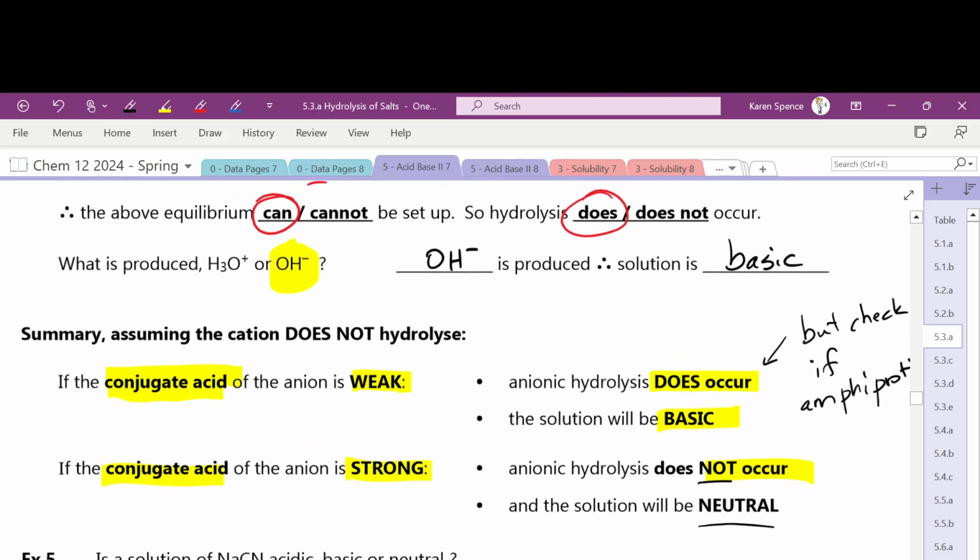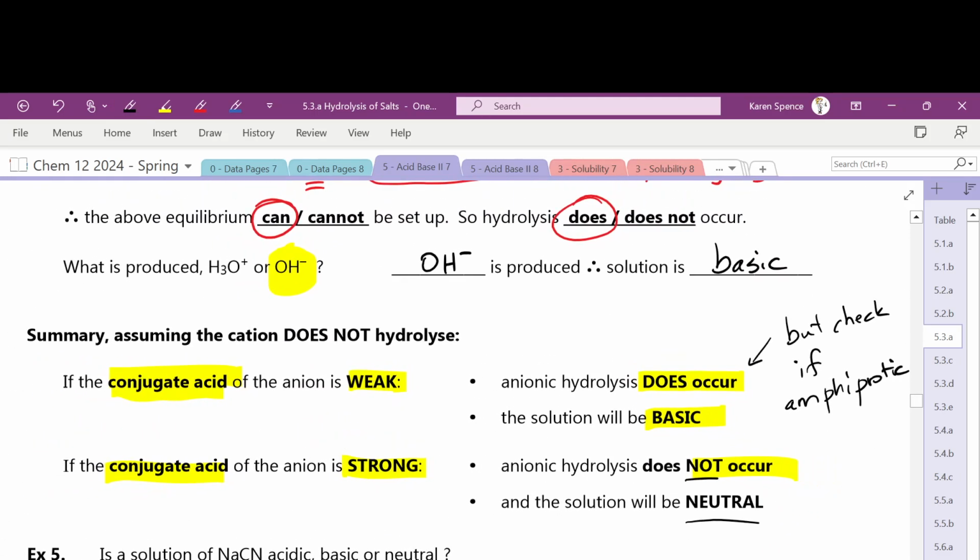Do you think you guys could tell if NaCN is acidic, basic, or neutral? Try that next one.